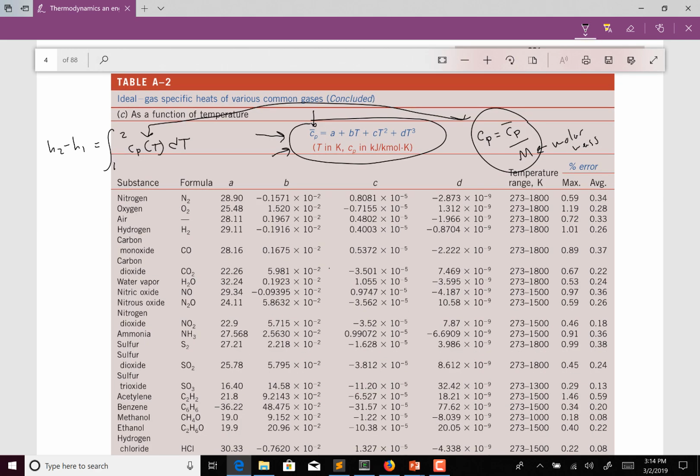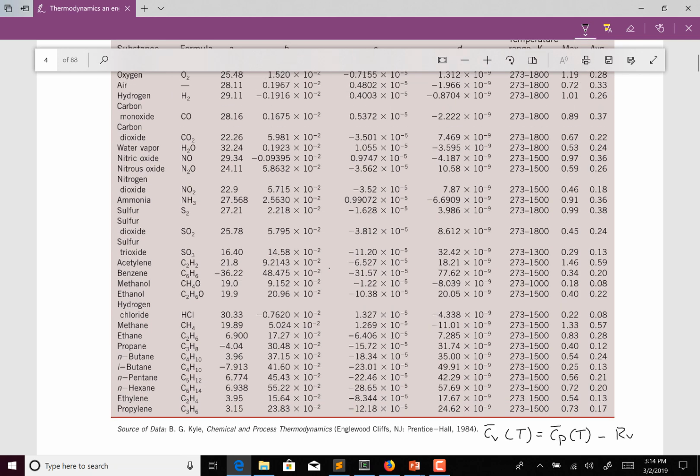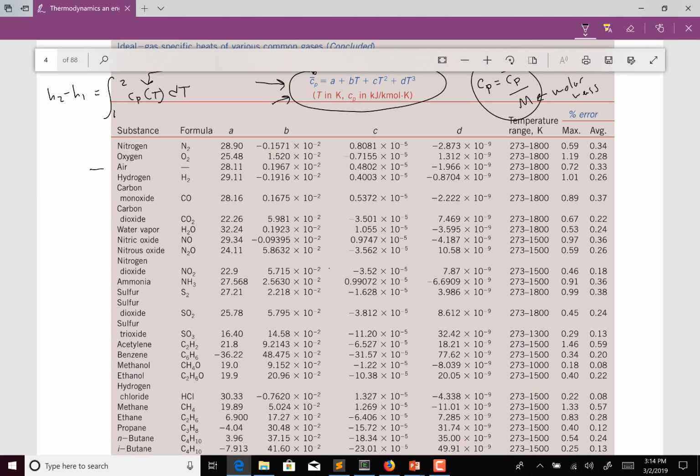Let's just get the equation first. We're interested in air, so we need to find air, that's right here. We're going to get our constants: A is 28.11, B is 0.1967 times 10 to the negative 2, then C and D, and then this tells us the temperature range that this is valid over, and some percent errors.